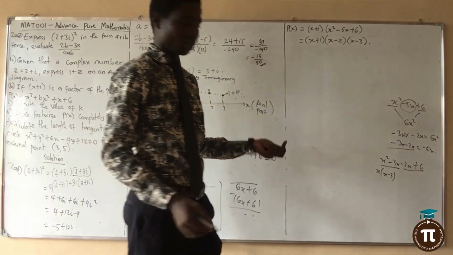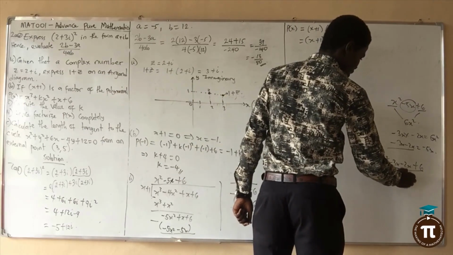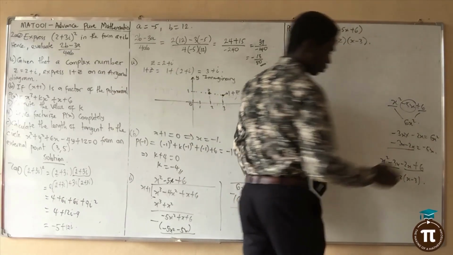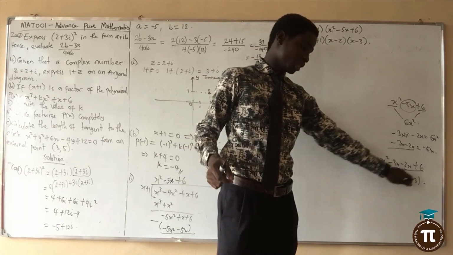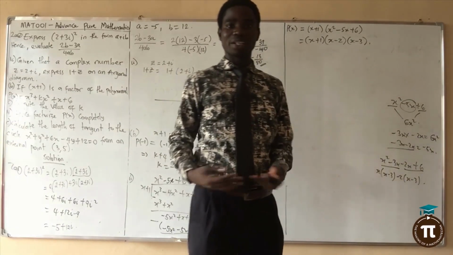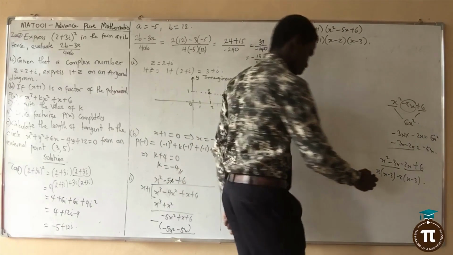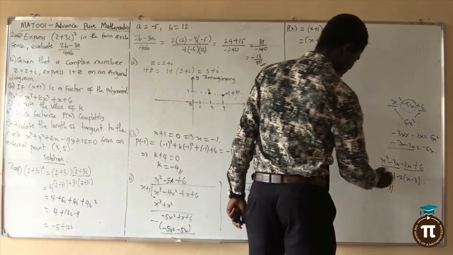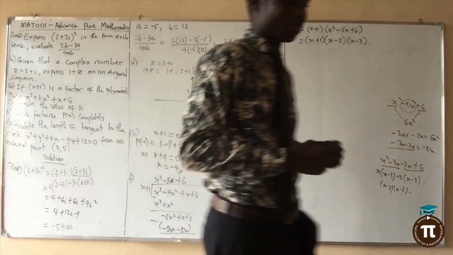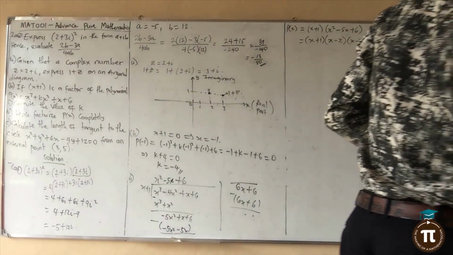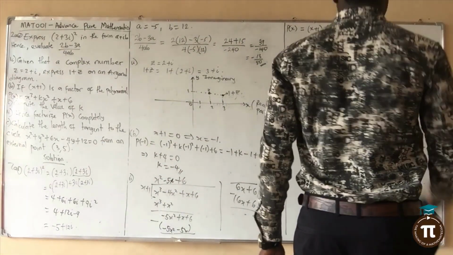Minus 2 is common in the other one. I have x minus 3 as well. So if you factorize x here, you will be left with x minus 3. If you factorize minus 2 here, you will be left with x minus 3. The ones in the bracket are now the same, just bring out x minus 3, then the other one x minus 2. So that's how I got x minus 3, x minus 2 for that particular case.